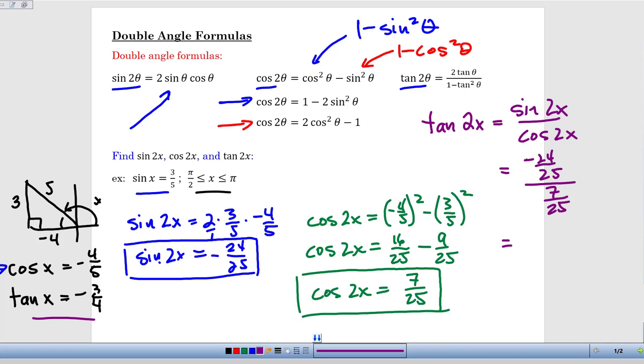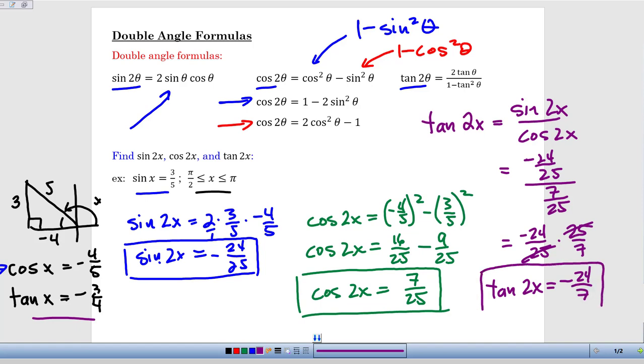Or we could rewrite this as negative 24/25 times the reciprocal of that bottom fraction, which is 25/7. And so that means that we can do a little cross-canceling reducing here. The 25's go, and so we end up with tangent of 2x equal to negative 24/7.